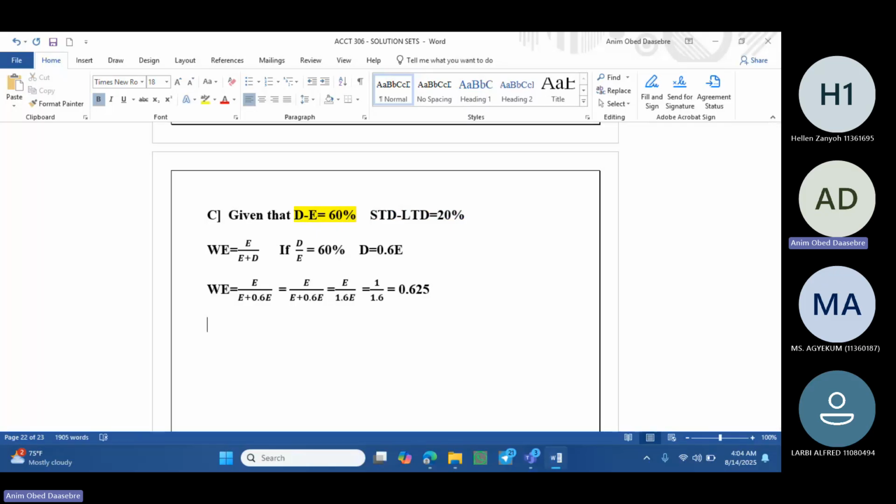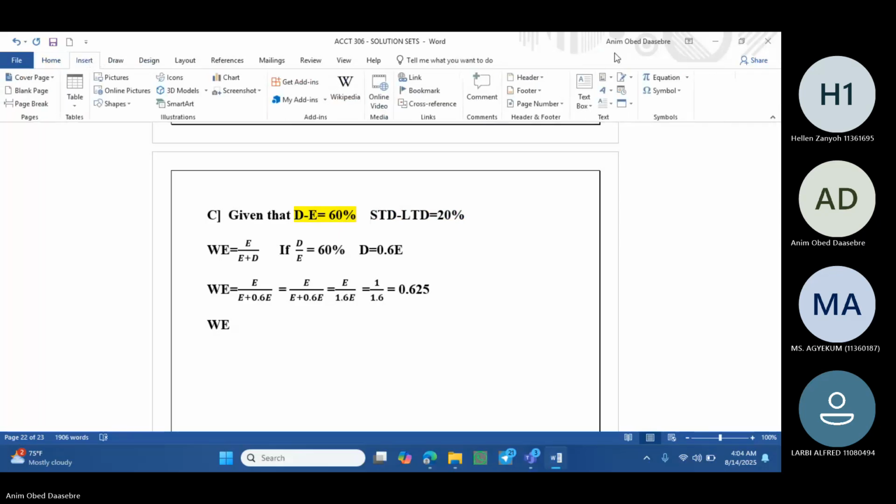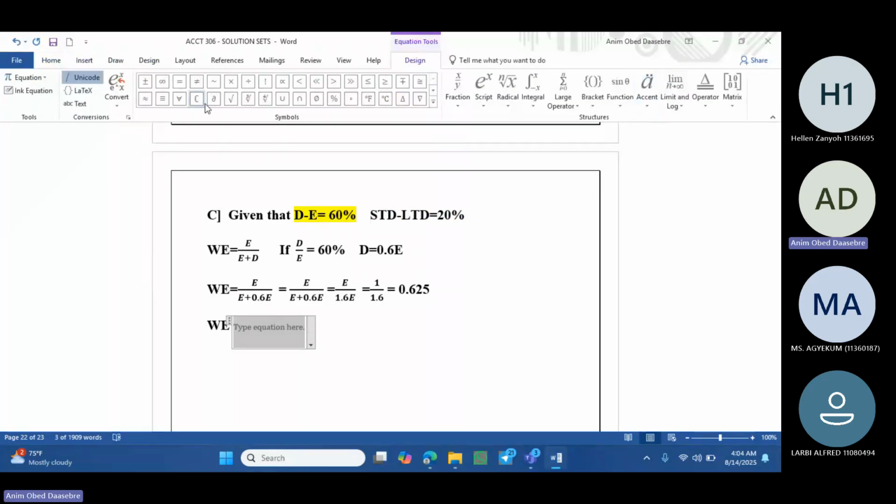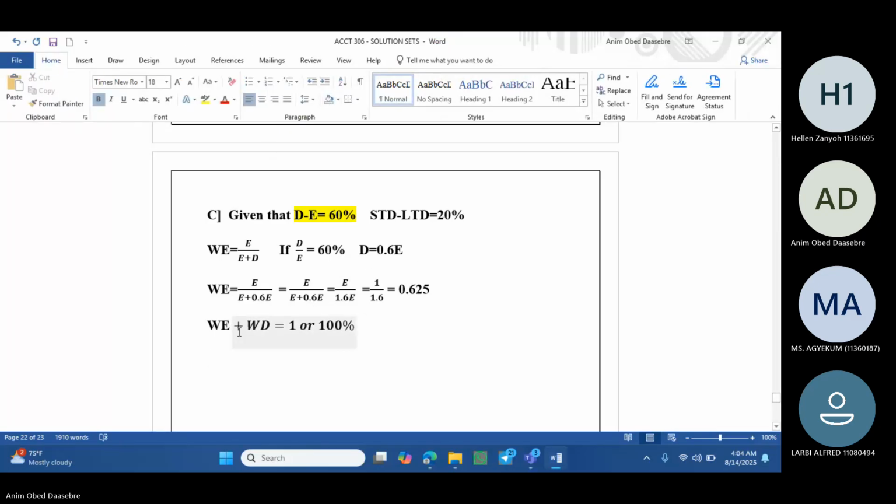So now we know that the weight of debt plus the weight of equity is always equal to 1, or 100%.